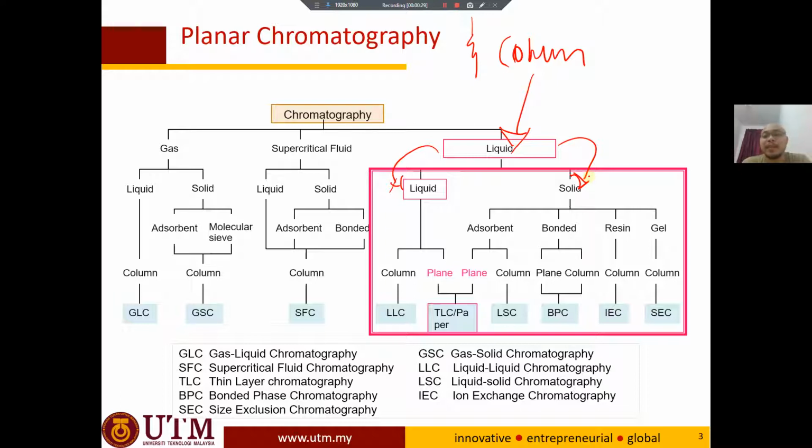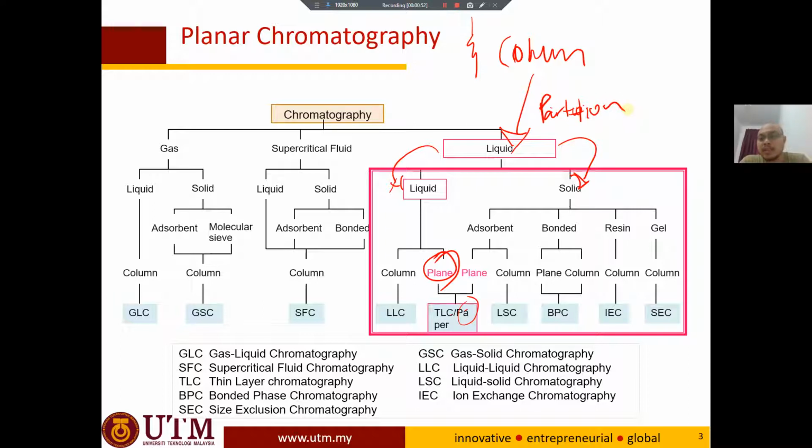Maybe you will have some confusion later on, but I will describe why the plane, the paper, looks like a solid but is actually a liquid. It means that it is partition chromatography. I believe you are confused right now.